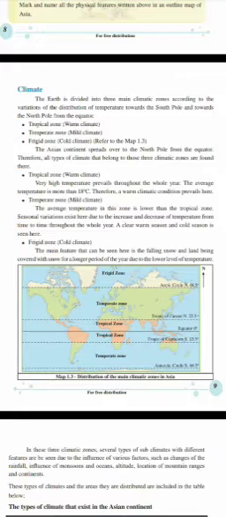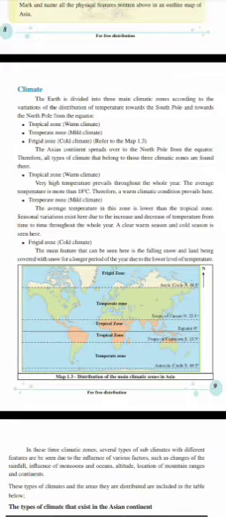Let's talk about the temperate zone. Temperate zone means from the Tropic of Cancer to the Arctic Circle, and from the Tropic of Capricorn to the Antarctic Circle, and the part that is stretched belongs to this zone.